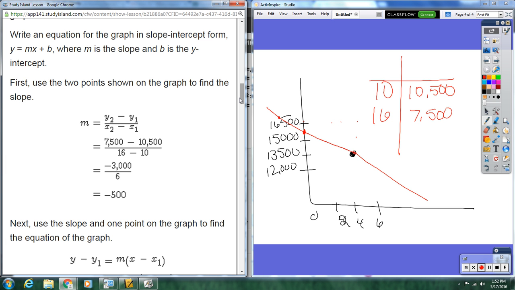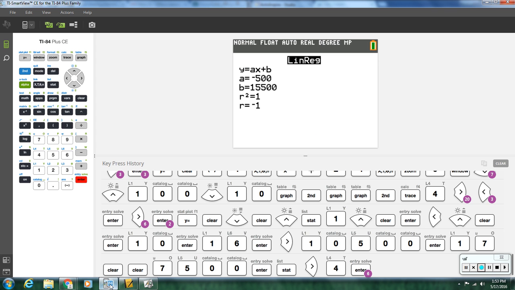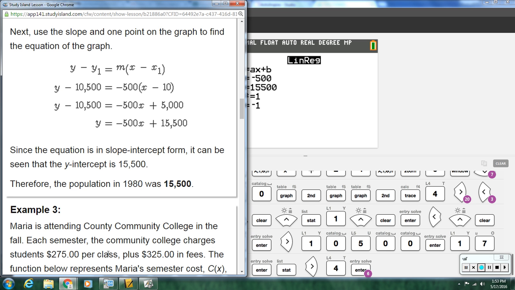Then they took the slope and a different form, point-slope. So they plugged in the slope and one of those points and found the equation that way. They're not going to give you one like this on your non-calculator course. So what I want you to do is this: anytime they give you points, plug those in L1 and L2 and run a regression, whichever one it is, doesn't matter. And you'll see, they got 15,500.